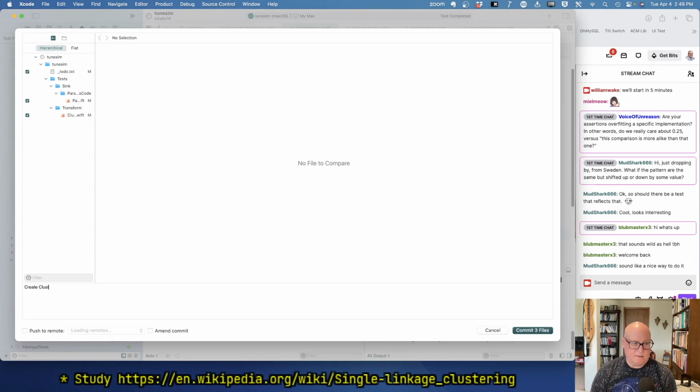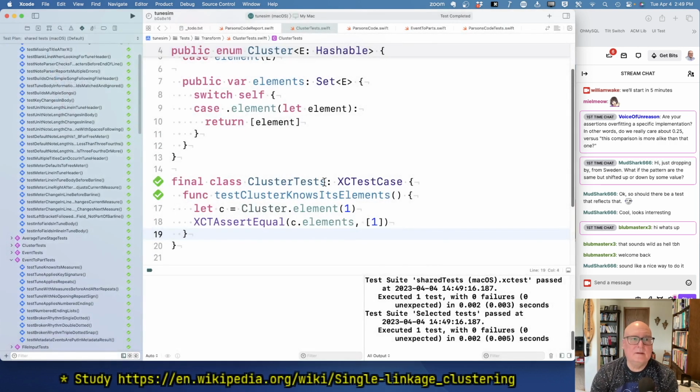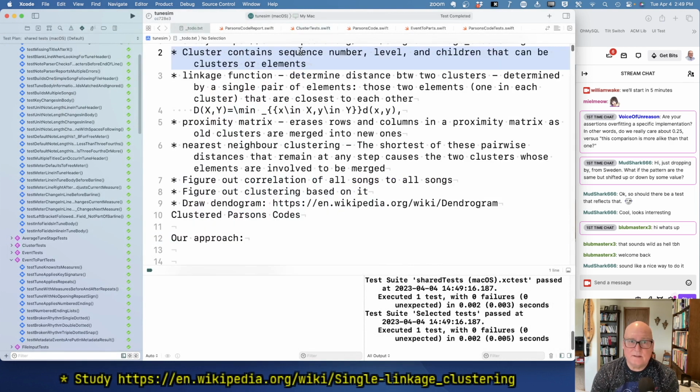Create cluster knowing only about elements. Oh, we also moved cluster tests contents to Parsons code tests and created the element. Okay. It's so easy.